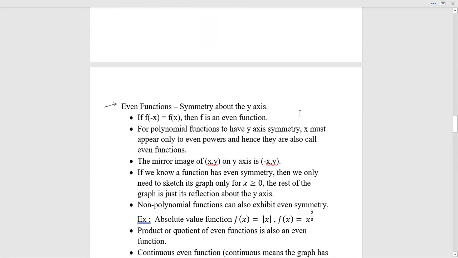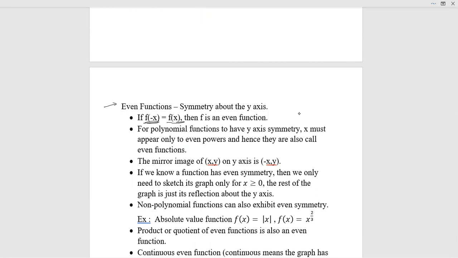How do we check if the function is even? We find f of negative x, meaning we replace x with negative x. When we do it, if we get the same function f(x), then we say f is an even function.